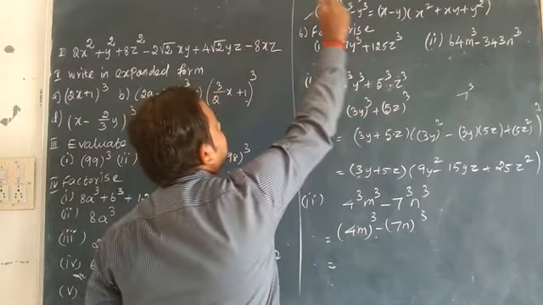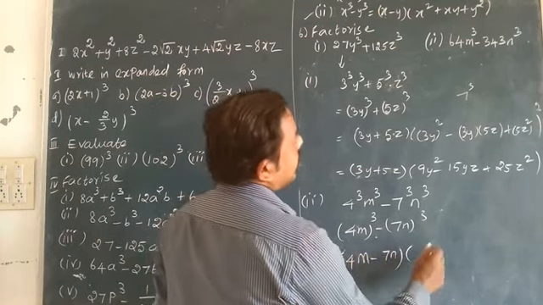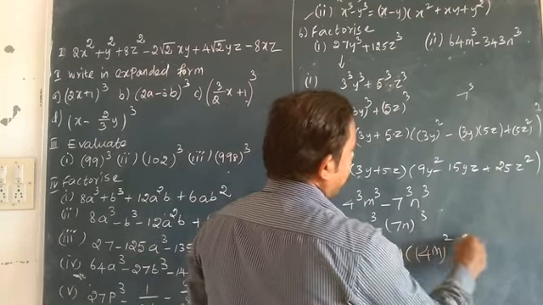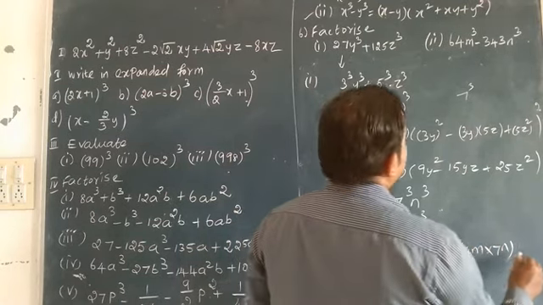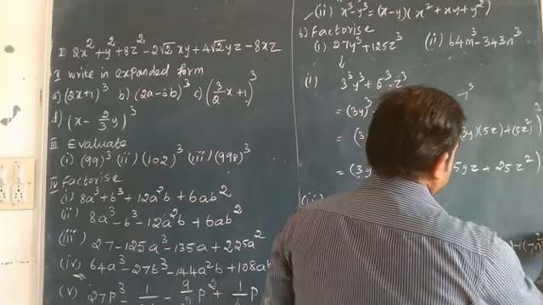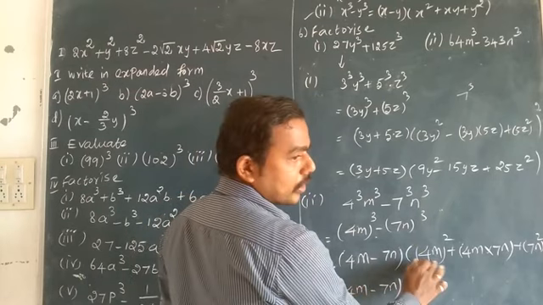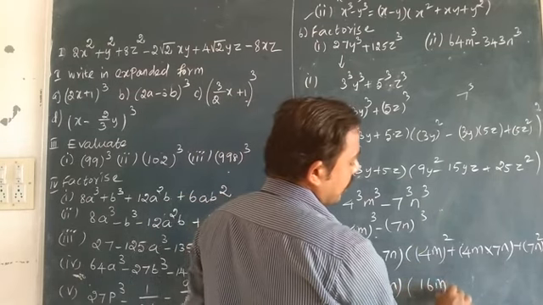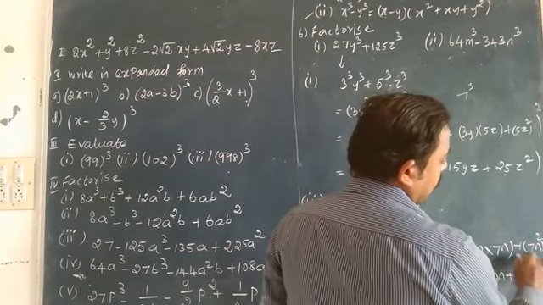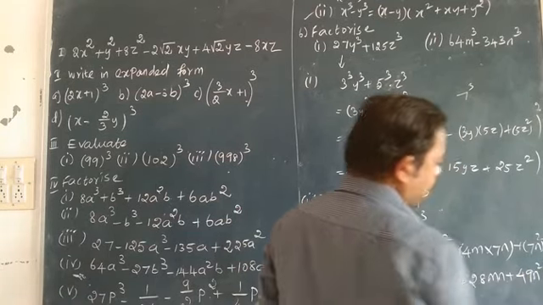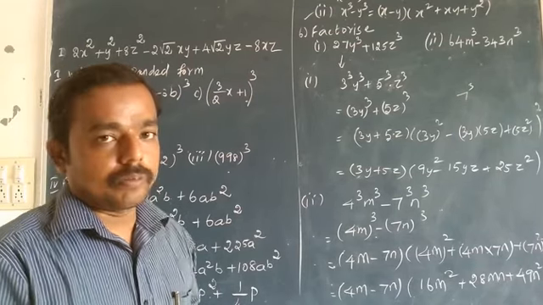You can use this identity. So that is (4m minus 7n) into (4m) the whole square plus 4m into 7n plus (7n) the whole square. So (4m minus 7n) into this one, 4 square m square, so 16m square, plus 4 sevens are 28mn, plus 7 square, 49n square. So this is your expansion of our next problem. Thank you.